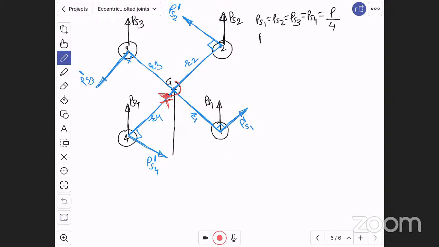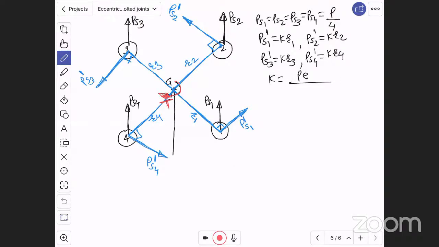And secondary shear load is PS1 dash is equal to K r1, PS2 dash is equal to K r2, PS3 dash is equal to K r3 and PS4 dash is equal to K r4, where K is nothing but P into e, which is nothing but torque divided by r1 square plus r2 square plus r3 square plus r4 square. This is how we have solved.